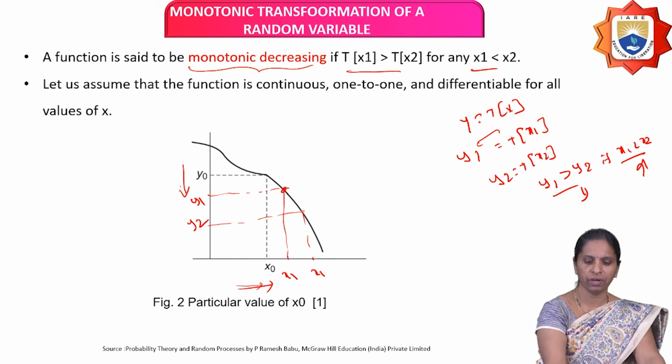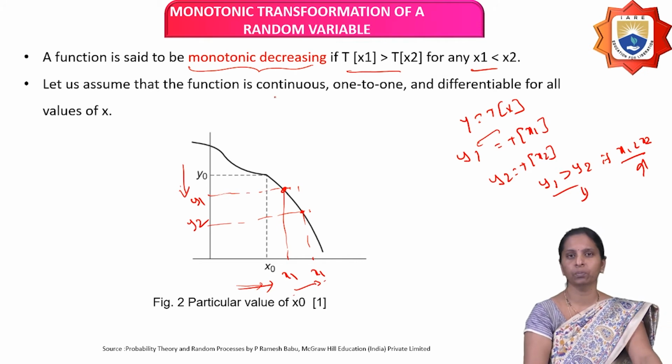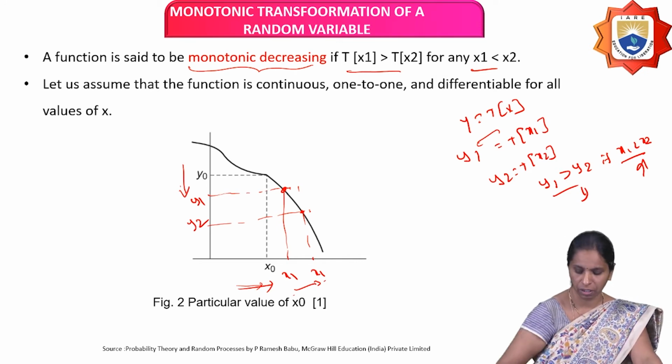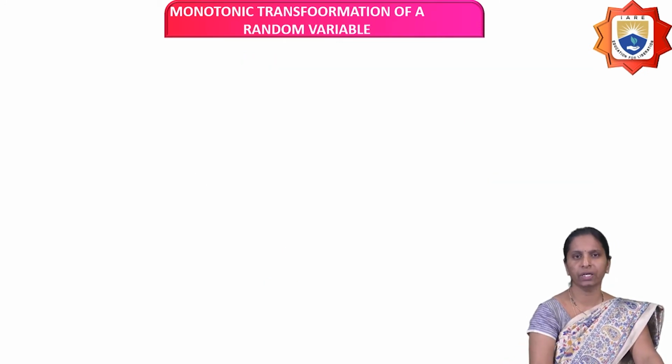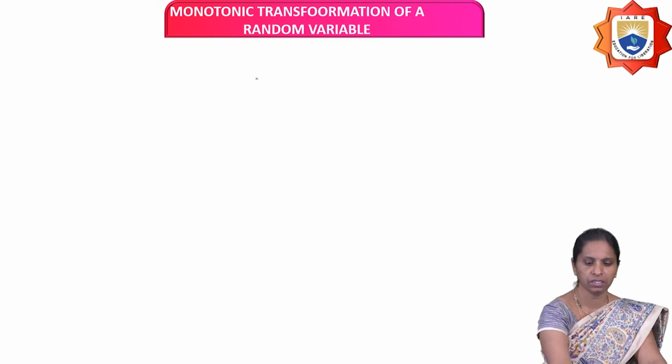If you observe, y1 is greater than y2, but x1 is less than x2. That's why it is called a monotonically decreasing transformation. In a similar manner to how we derived the density function for the monotonically increasing case, we will derive it for monotonically decreasing also.